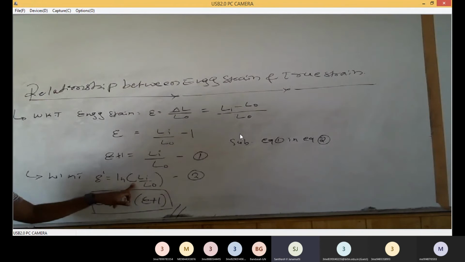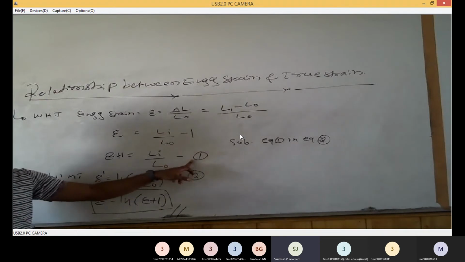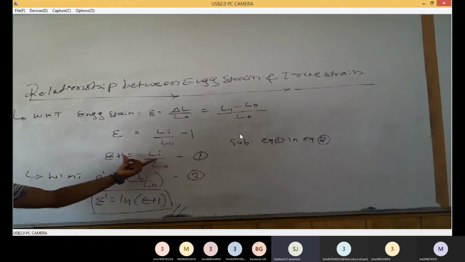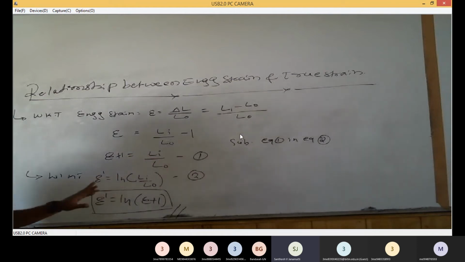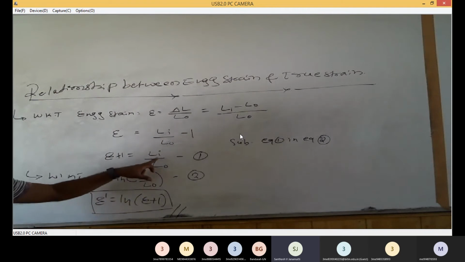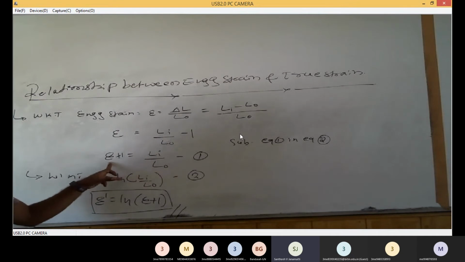Now this is equation 2 and this is equation 1. What am I doing? I am substituting equation 1 into equation 2. Equation 2 says true strain is equal to ln of Li by L naught. We already got the value of Li by L naught, the instantaneous length to the original length, as engineering strain plus 1.